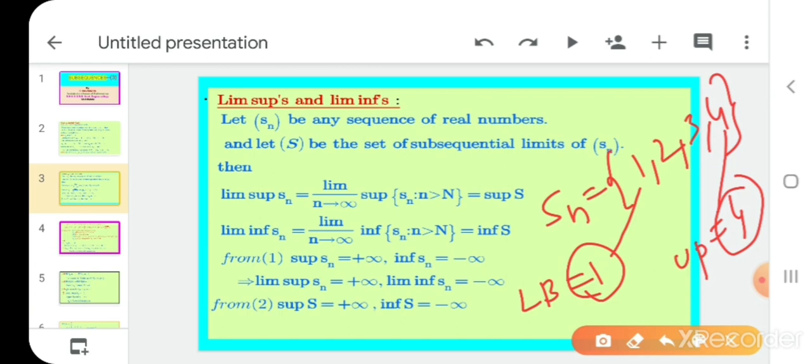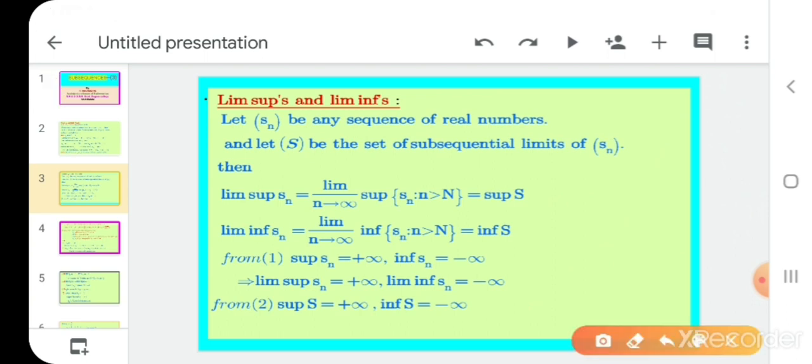Now what do we find here? Limit supremum and limit infimum. Let Sn be any sequence of real numbers. Let capital S be the set of subsequential limits of Sn. Then this is the formula of limit supremum.